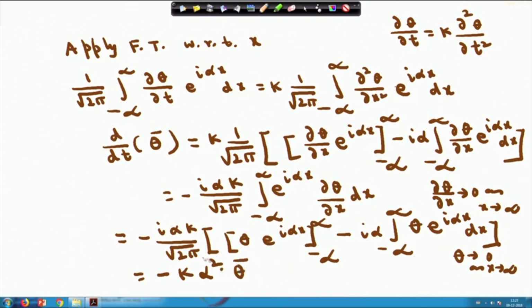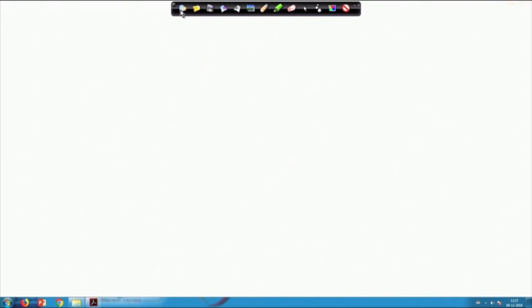So, this reduces again to one ODE only. Once I am getting this, I can neatly write dθ bar/dt plus kα²θ bar equals 0, whose solution you can write down.